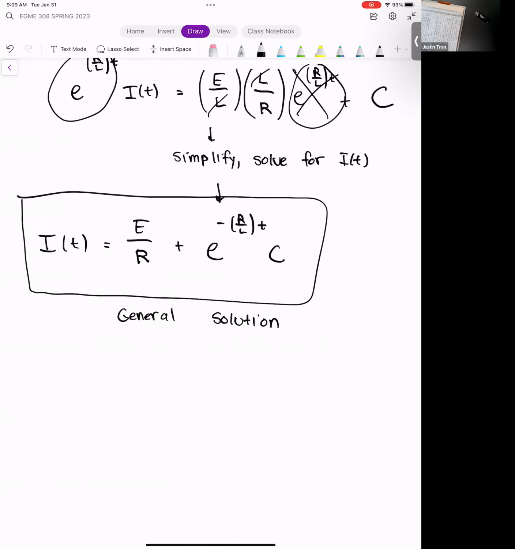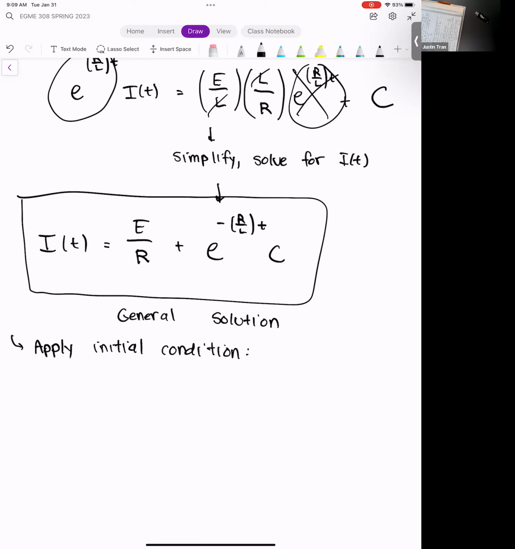All right, but we're not done yet. Because this is a physical problem, let's go ahead and apply an initial condition. I forgot to mention the initial condition before we started.